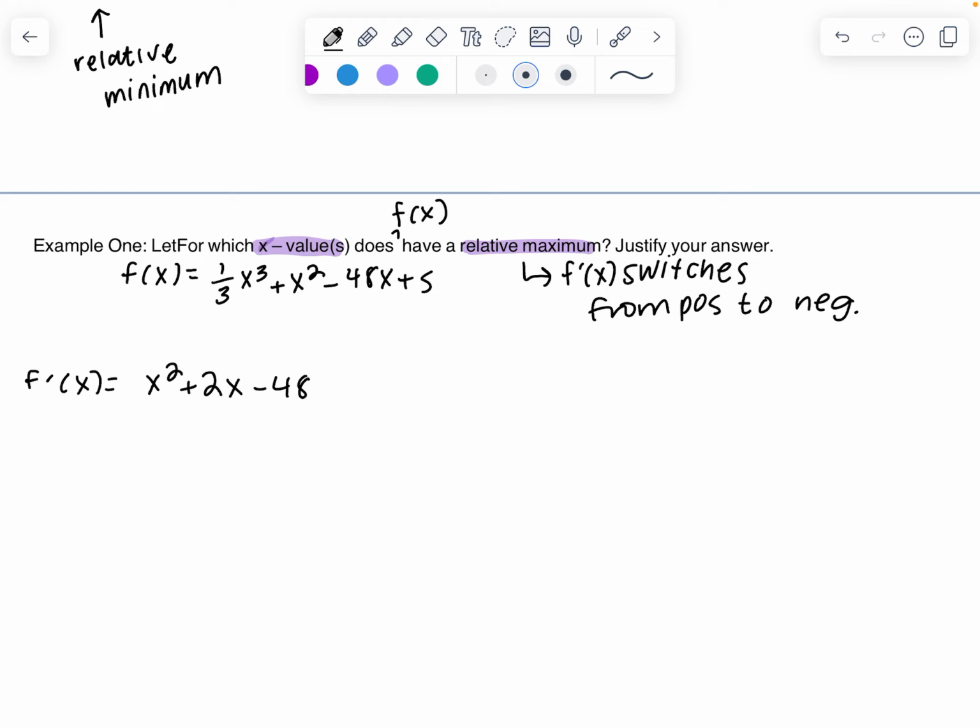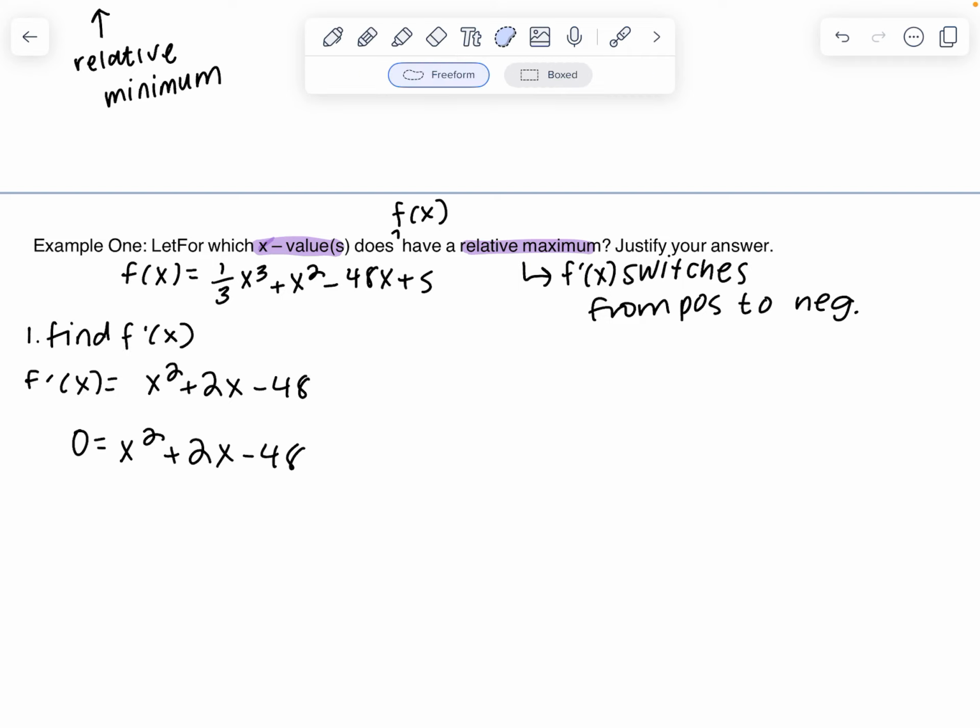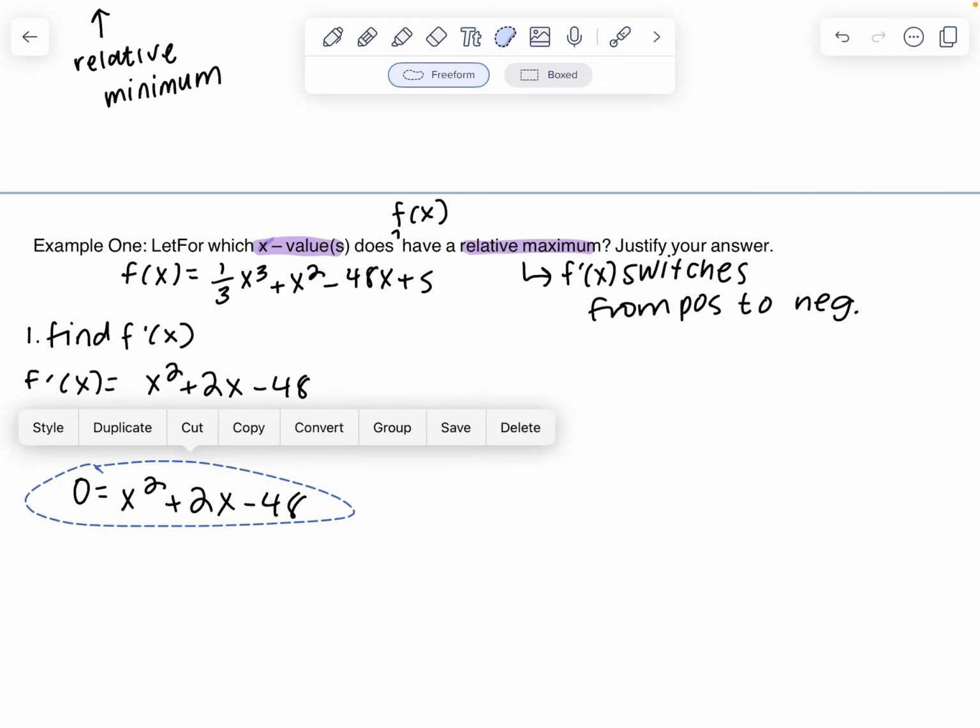The switching is always going to occur at a critical point, because a critical point is where the derivative equals 0, and that's where it would cross the x-axis, therefore switching from positive to negative or vice versa. So I'm going to start by finding critical points, setting this equal to 0. If we want a list of to-dos, step 1 is find the derivative. Step 2 is find the critical points.